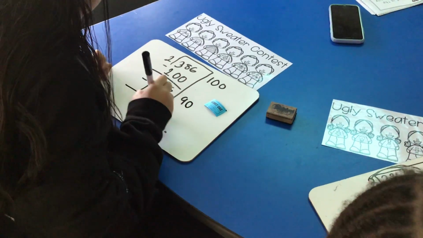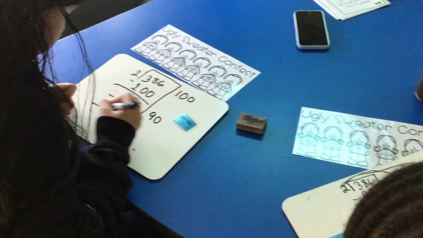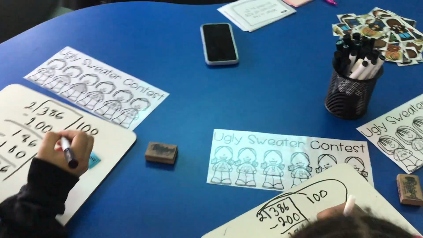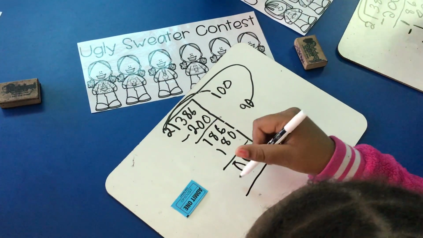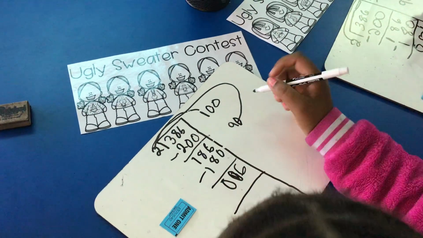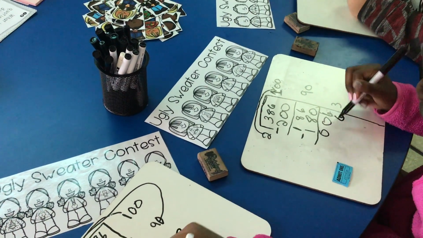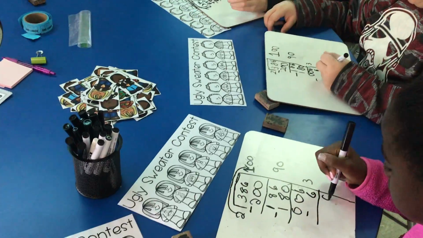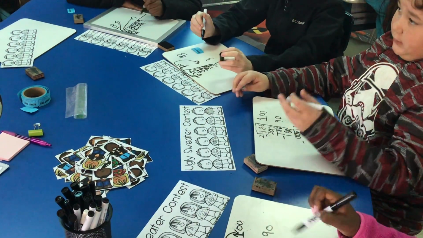I'm going to subtract again, and now I'm left with 6. 2 times what equals 6? 3. I had a small number then, so I didn't need to use this. I'm just ready to go. And so then I subtract one more time, and I'm left with 0. Now what? We add 100, 90, and 3 together.